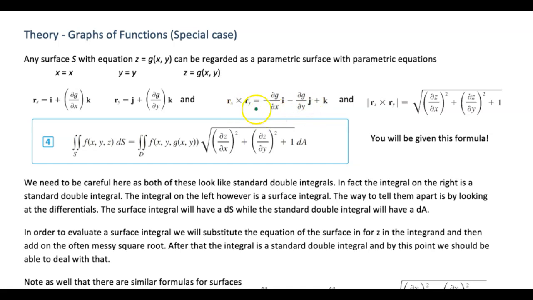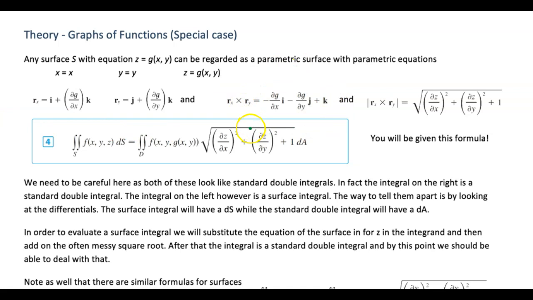Now when we take the cross product of these, we get some simplification. And a lot of that simplification comes from the idea that in the partial with respect to x, we don't have a j term. In the partial with respect to y, we don't have an i term. So that's how we can get such a simple cross product.